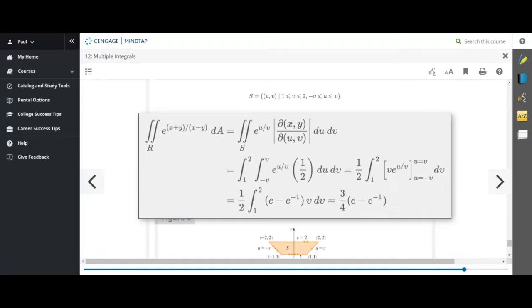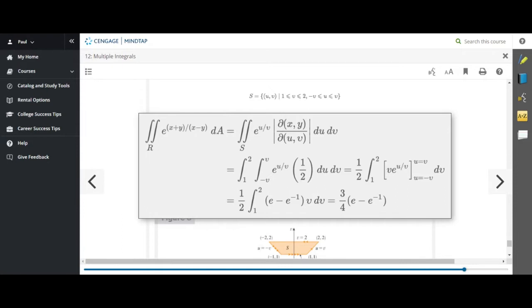These techniques were developed a long time ago, and back then there weren't advanced computers to find these double integrals. So the techniques were developed, and that got mathematicians the answers they needed.